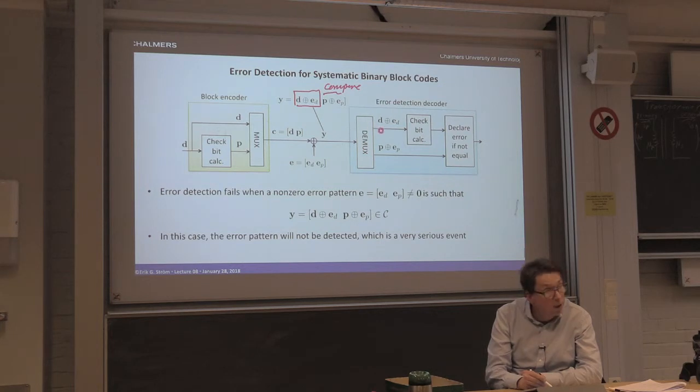Then we take the supposed data bits and do the same type of calculation of check bits that we did in the encoder. If these check bits are equal to the check bits that we actually received, then we know that this plus this is a code word. If they're not the same, then this plus this is not a code word. So you basically compare this bit pattern with this bit pattern, and if they are the same, we think it's fine. If they're not the same, we declare an error.